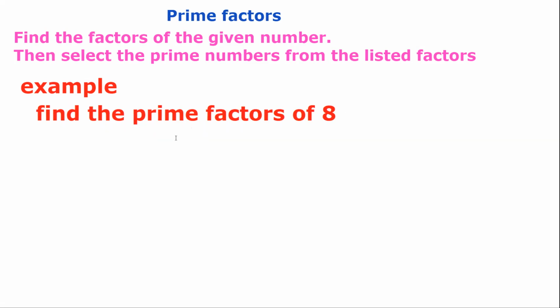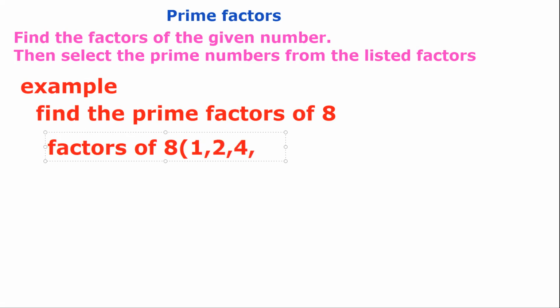Okay, so the first thing is that you find the factors of 8. Factors of 8. Good. Numbers that can divide 8 equally: 1, 2, 4, and then 8. We have done this.